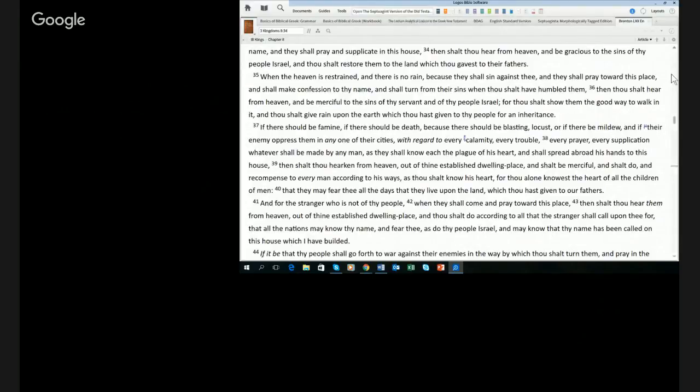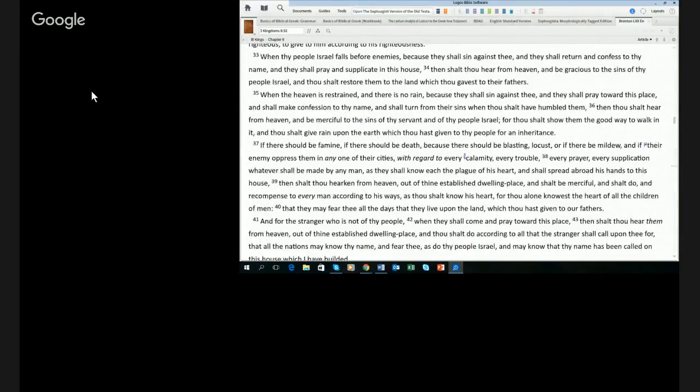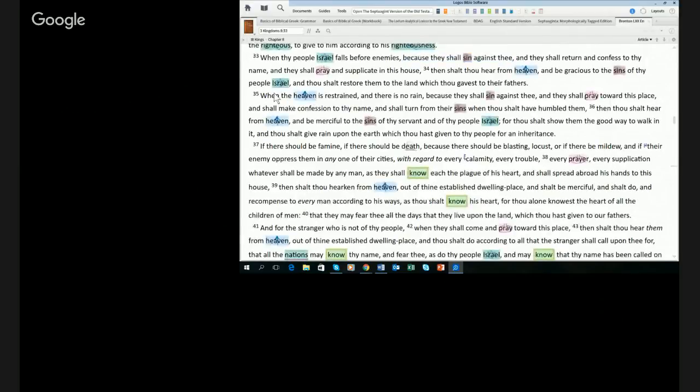Yeah, that's just pretty much what it says. Right. People Israel falls before enemies because they sin. Yeah, see, if we go back, it's they who sinned. So because they sinned, they fell before their enemies, but now God will be merciful with reference to their sins. I think that's the idea. Okay. Thanks. Yeah. Always risky to translate a single sentence without a context.